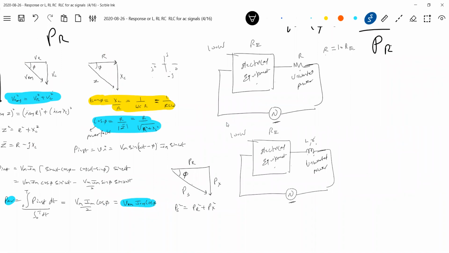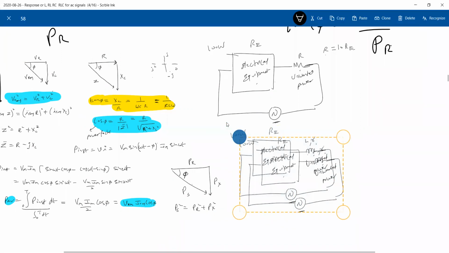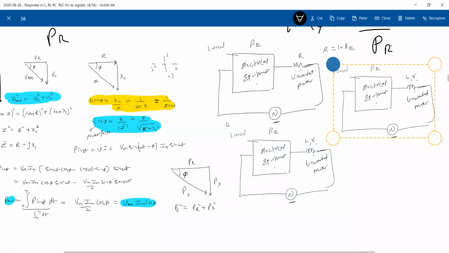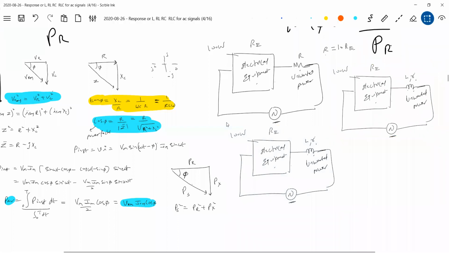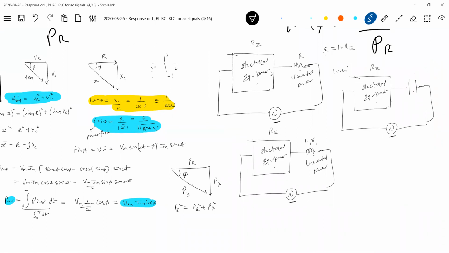If I take the capacitor, in an AC circuit, fuse wire, even when you use fuse wire, still problems will arise. I'll show that now. Now let there be a capacitor.